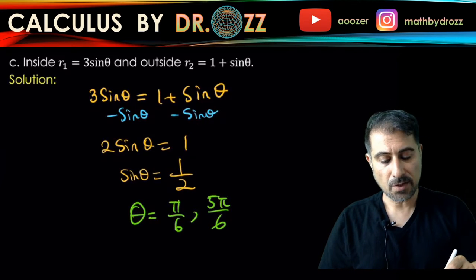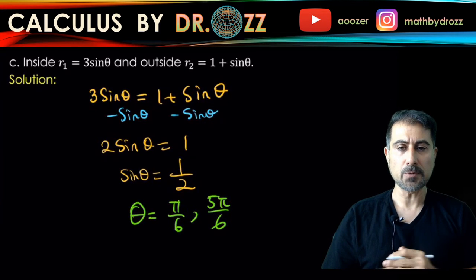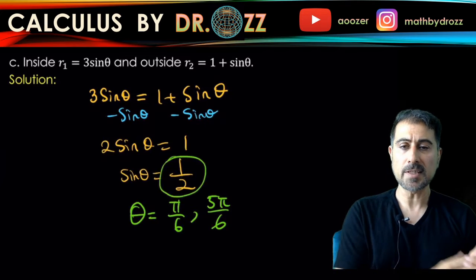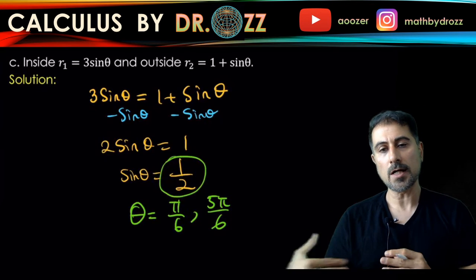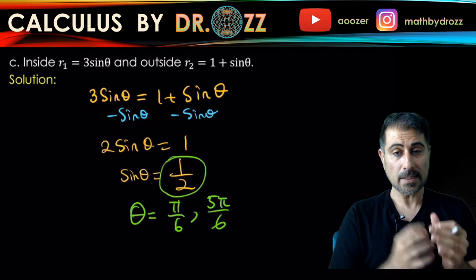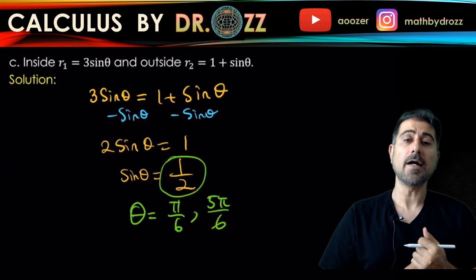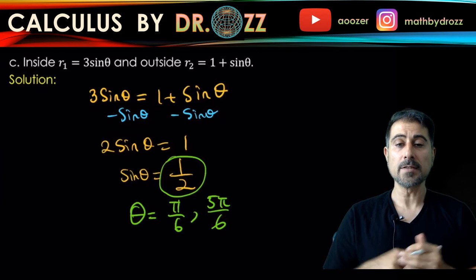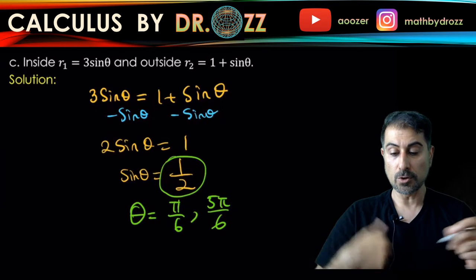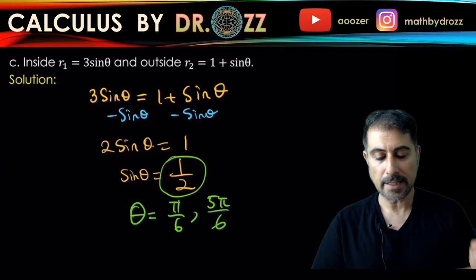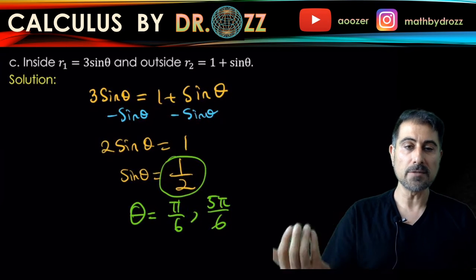If this number was a weird number or a number with decimal places, then you would have to rely on arc sine of that number evaluated by your calculator. But since it gives only one value, you would have to go back to the unit circle again and see the equivalent version of that.